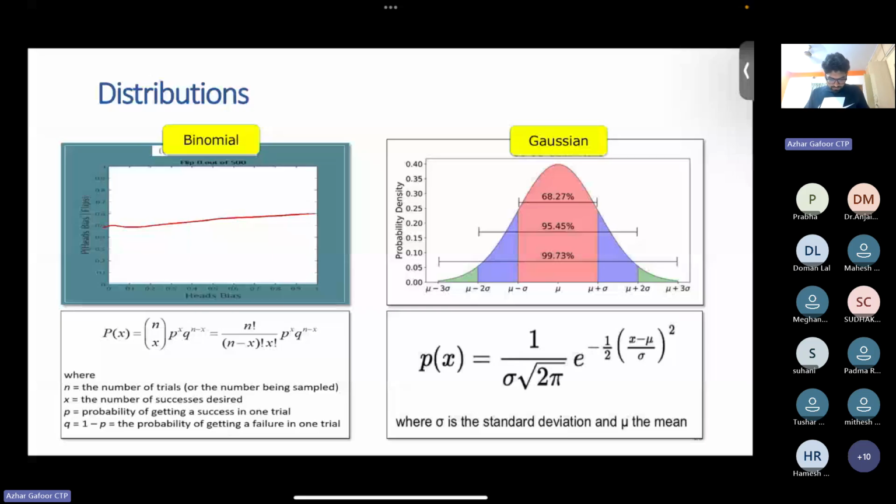Let me see if I can get the correct figure.